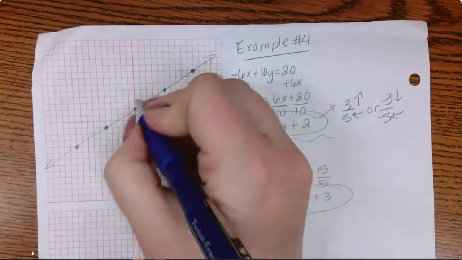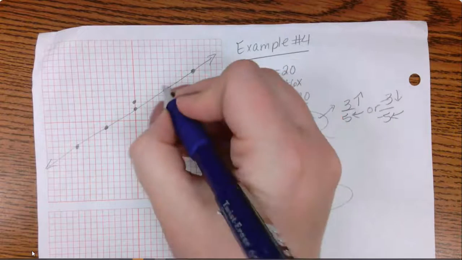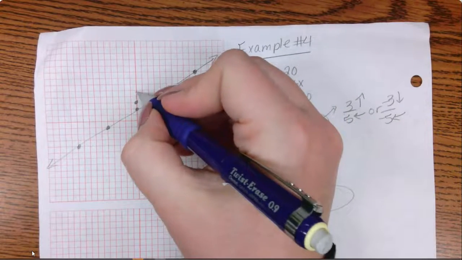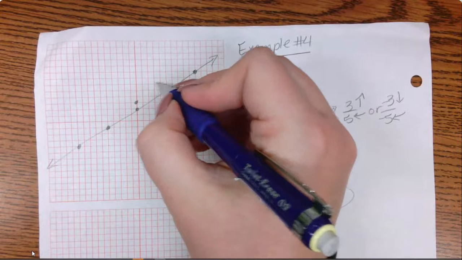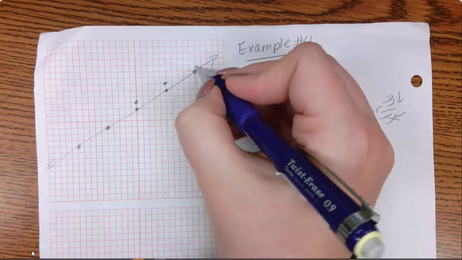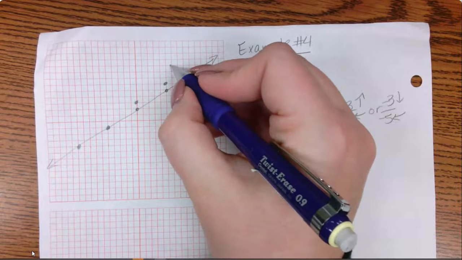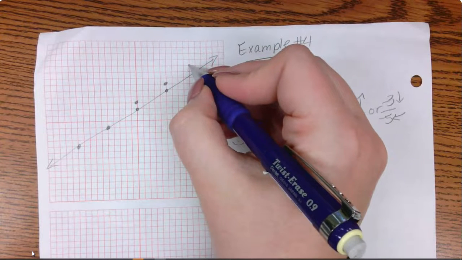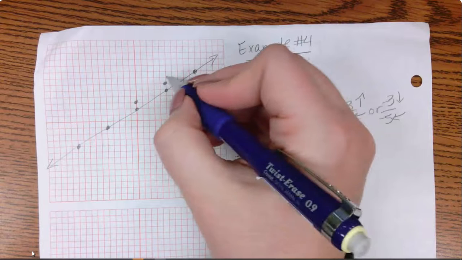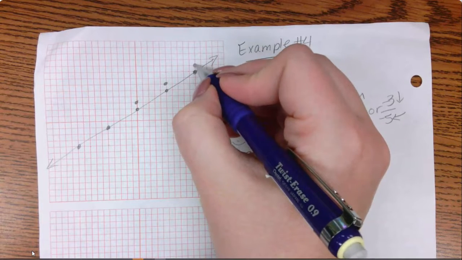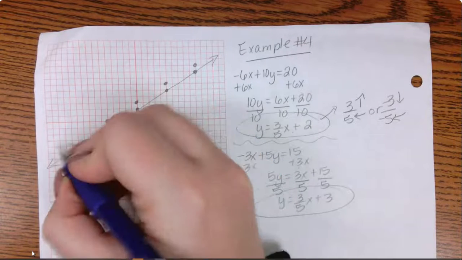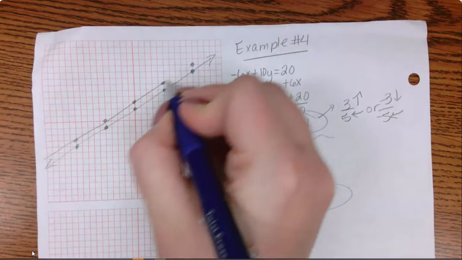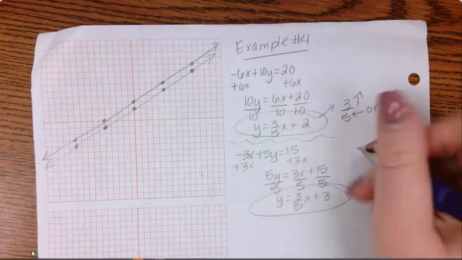And the second one, the y-intercept's at 3. And it's got the same slope. So up 3 and right 5. Up 3 and left 5. So these are going to be your points. Okay? Those lines never cross. They're parallel. So this is no solution.